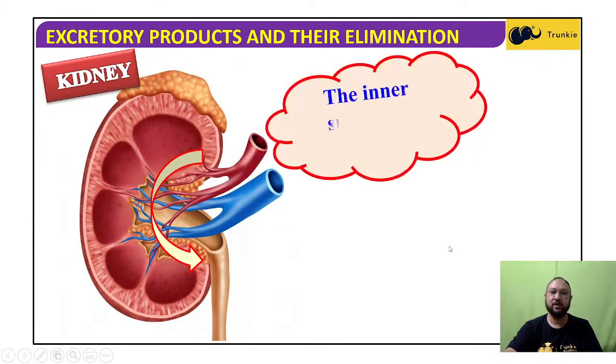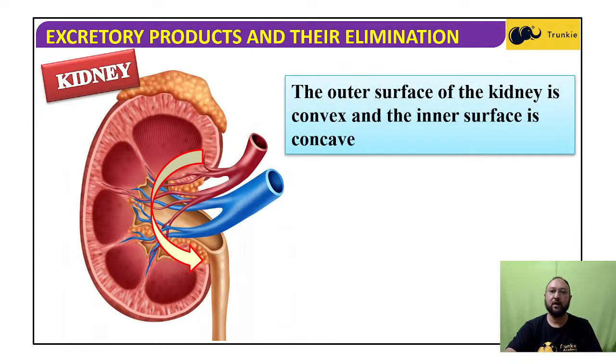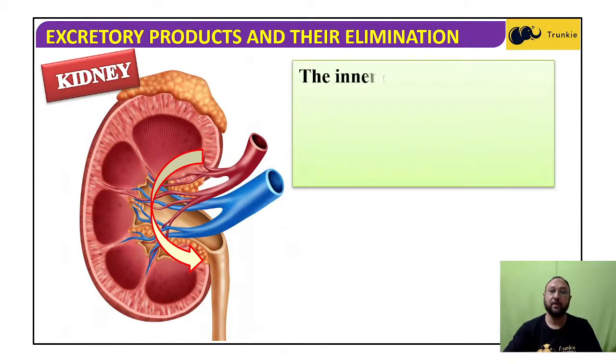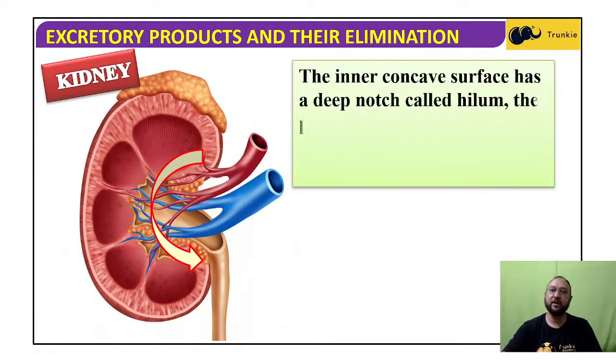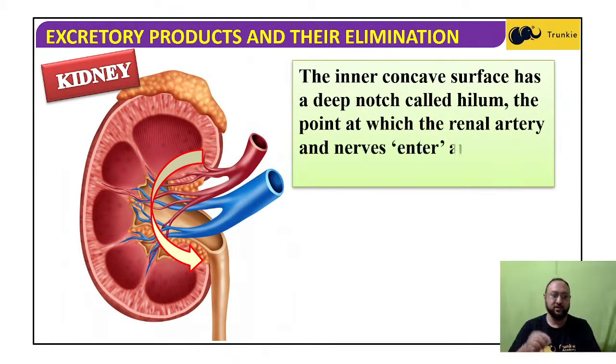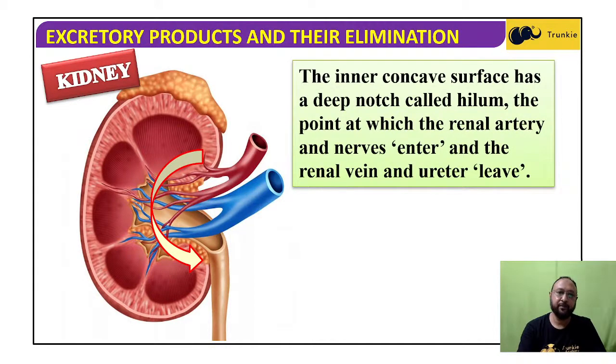The inner concave surface has a deep notch, called the hilum. This is the point at which the renal artery and nerves enter, and the renal vein and ureter leave.